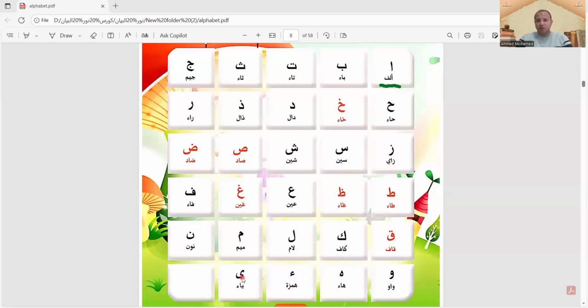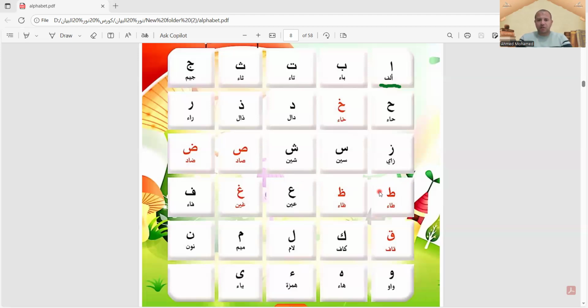Now, what are the differences between these letters? Why are some letters colored in red and others colored in black? Of course, because there are some differences between these letters. All of the letters colored in red, which are seven letters, we call heavy letters. In the Arabic alphabet, we have light letters and heavy letters.